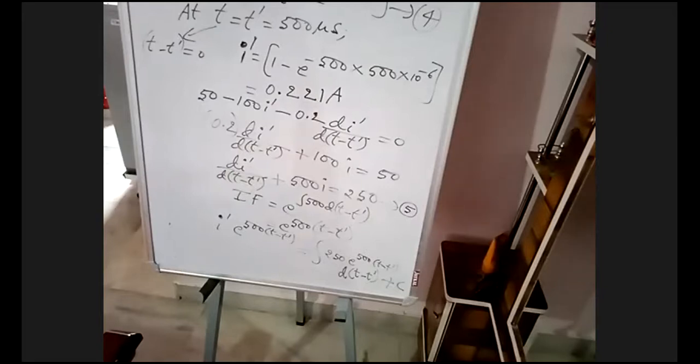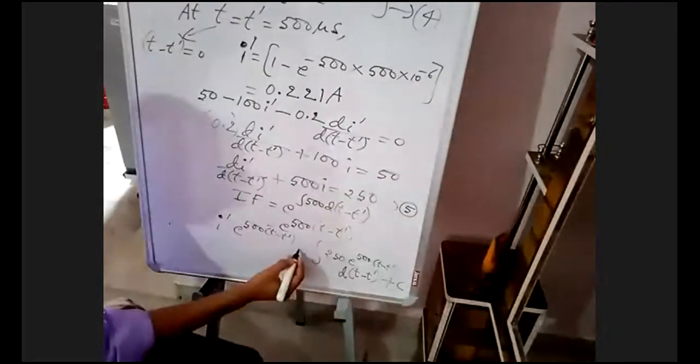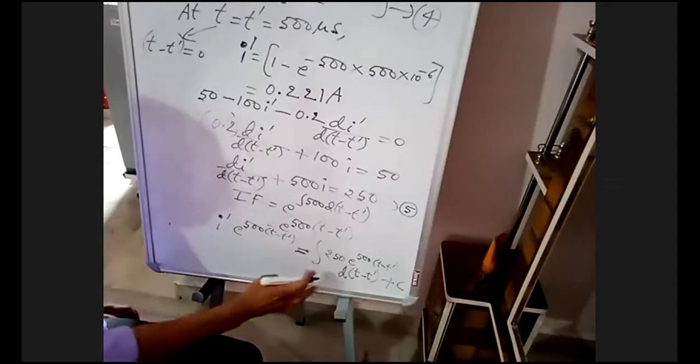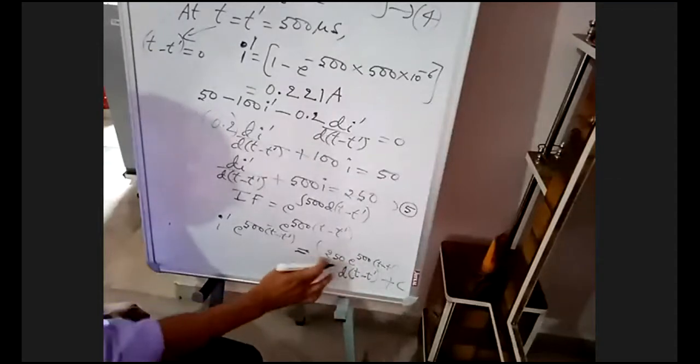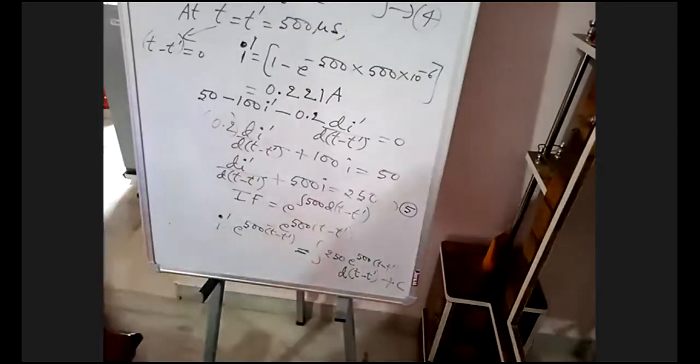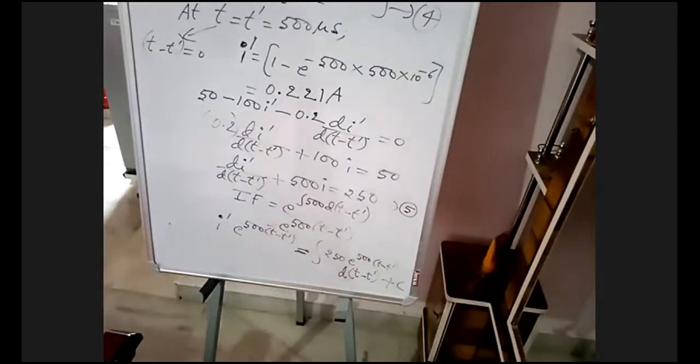Last equation is I dash into e power 500 t minus t dash is equal to integral of e power integral of integrating factor into dt minus t dash plus c. Now take the integration.